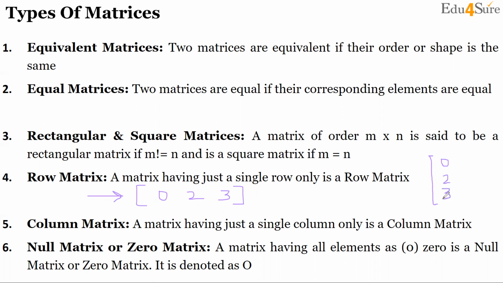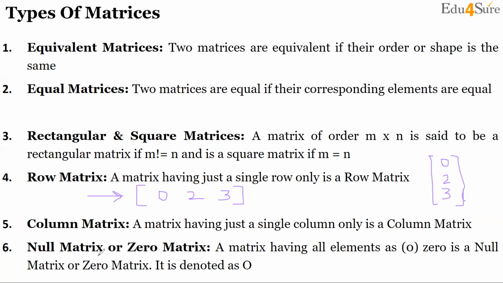However, the elements may vary. An element can be anything. So this is a row matrix and a column matrix where you have only a single column.